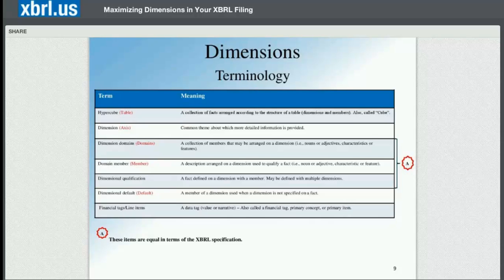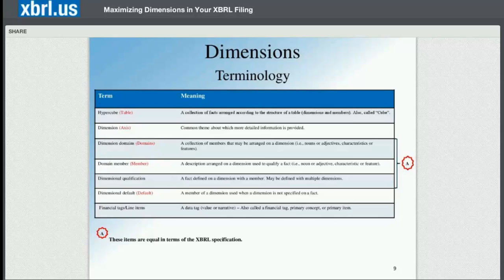And we're going to talk about how these dimensions interrelate to define the values. And that's where we'll get into intersections. But just know that dimensions are common themes about which you provide more detailed information, kind of like property, plant, and equipment by type. That's a common theme about which you provide more information.